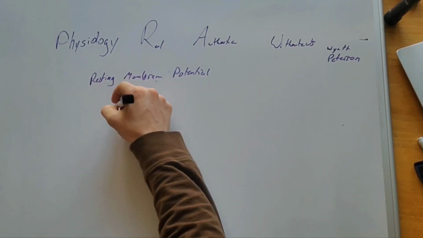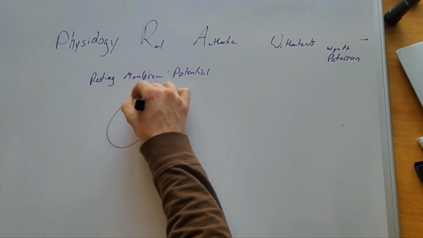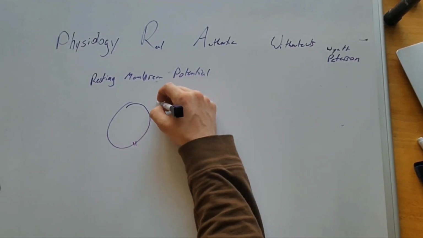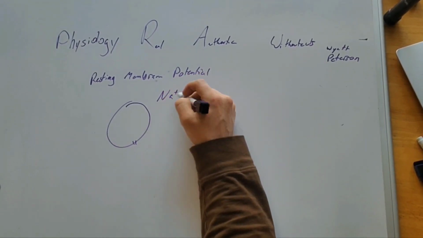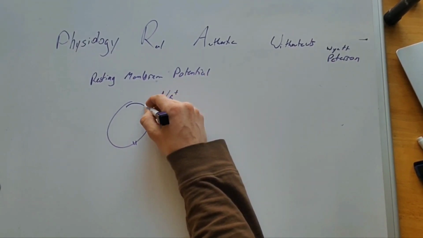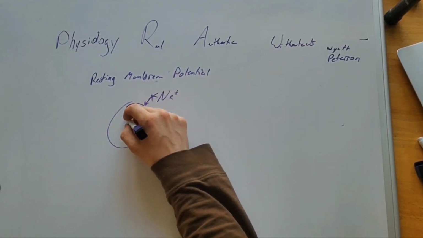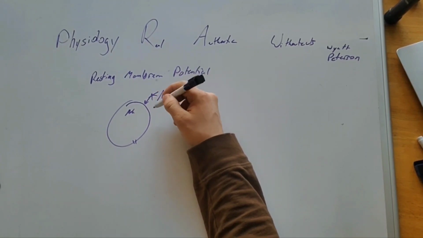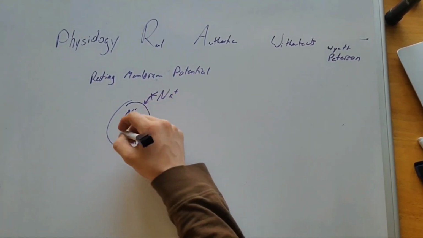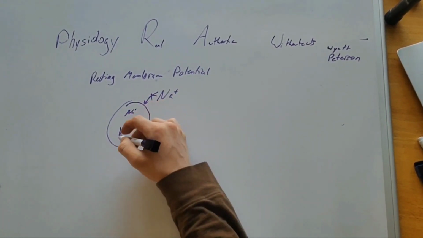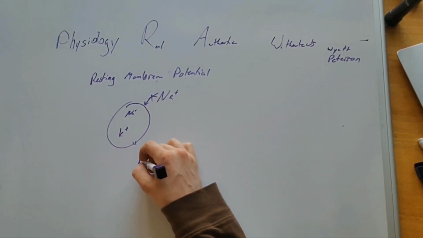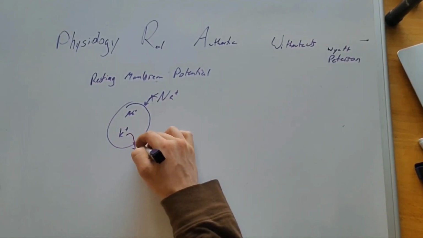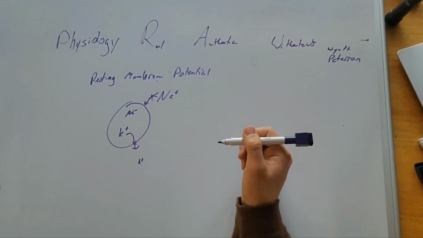A big example of this is sodium. Even though it's very highly concentrated outside of the cell, it cannot go inside of the cell without special permission, I guess you could call it. But it just can't go in. It's not permeable. But potassium is permeable, and it will go down its chemical gradient.